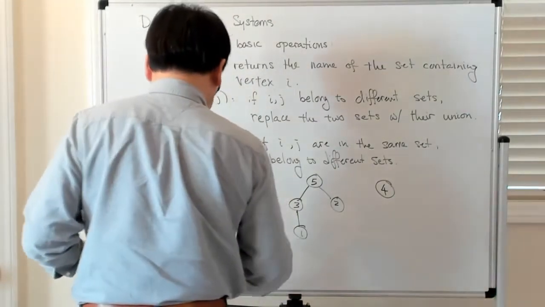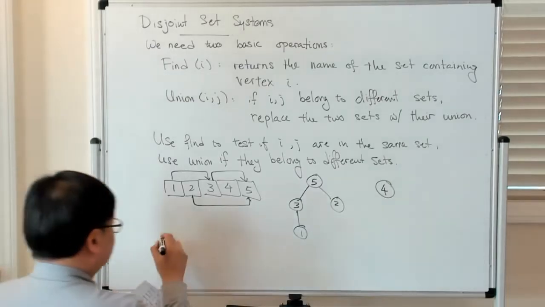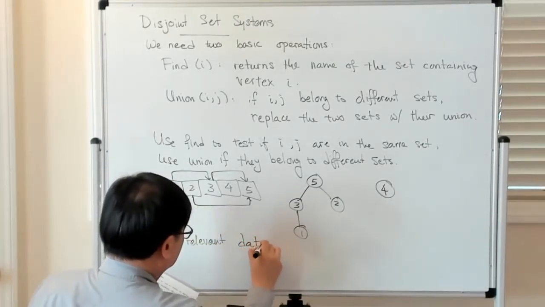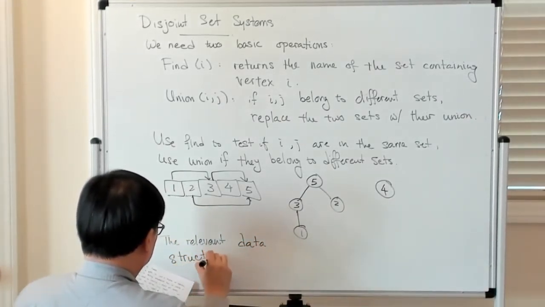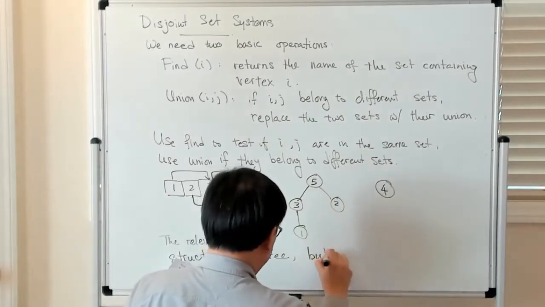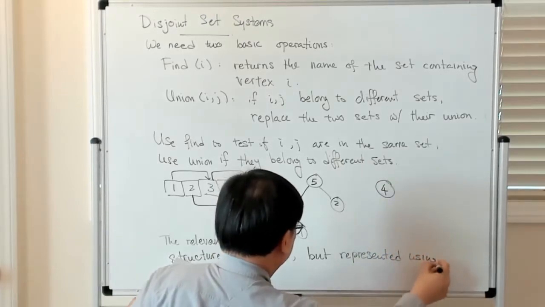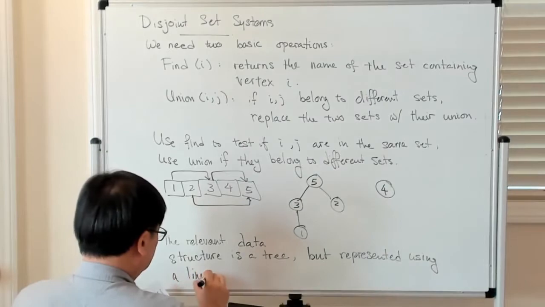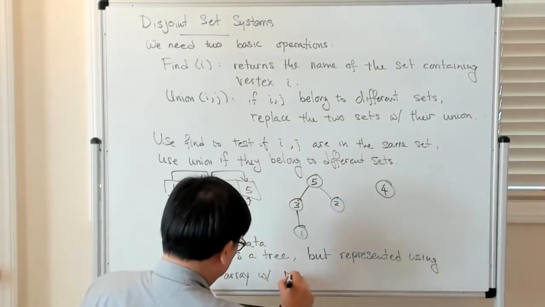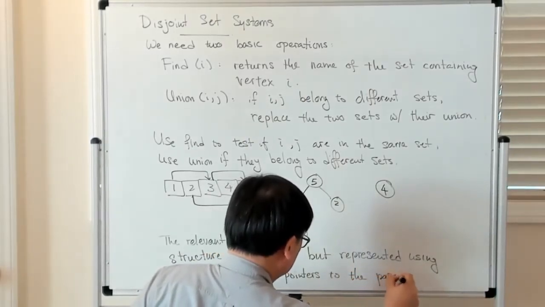So again, the relevant data structure is a tree, but represented or implemented using a linear array with pointers to the parent vertex.